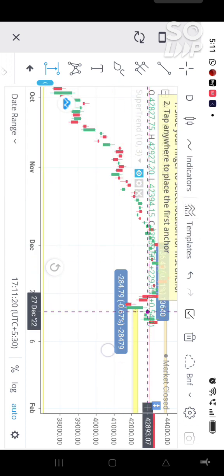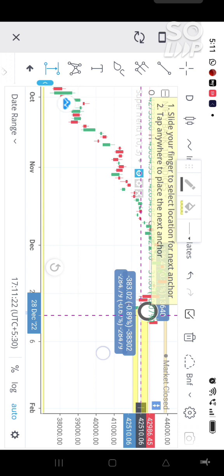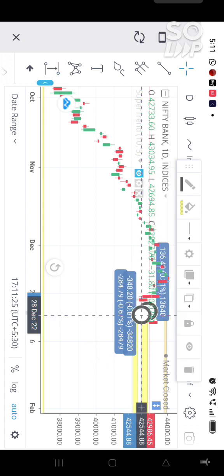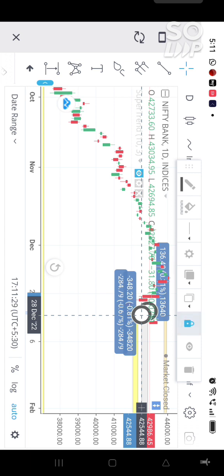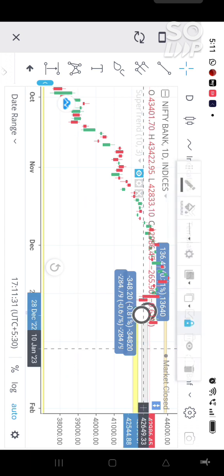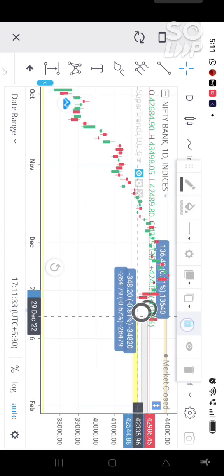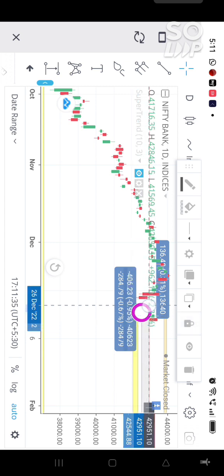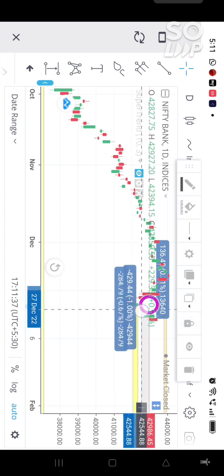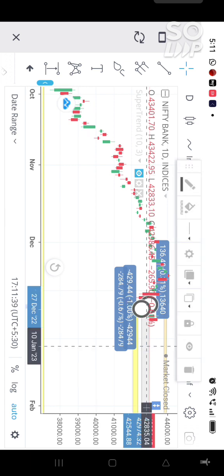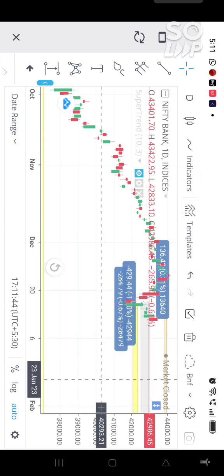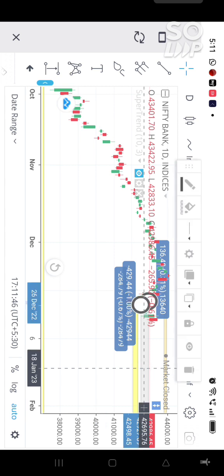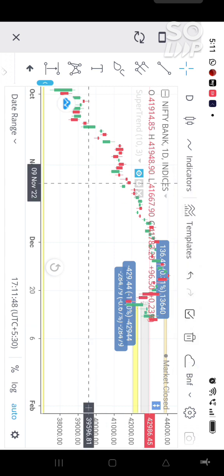So this can be one zone, which is the demand zone, but since it has been used, we'll mark it as gray. Let's lock it. Let's take it a little bit down. Okay, this is one zone. Lock it, save it.